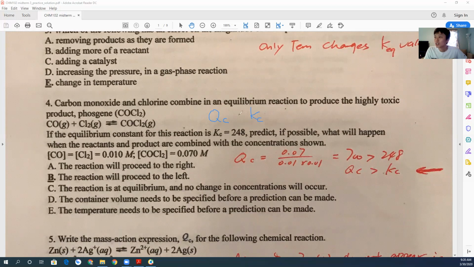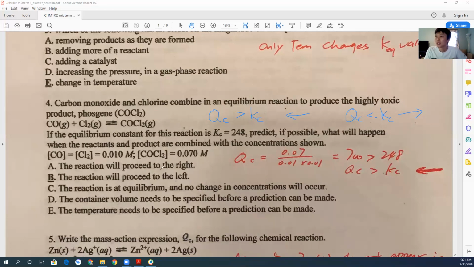If Qc is greater than Kc, the reaction will proceed to the left, meaning more products will react into reactants. When Qc is less than Kc, the net reaction will proceed to the right, so more reactants will react into products.